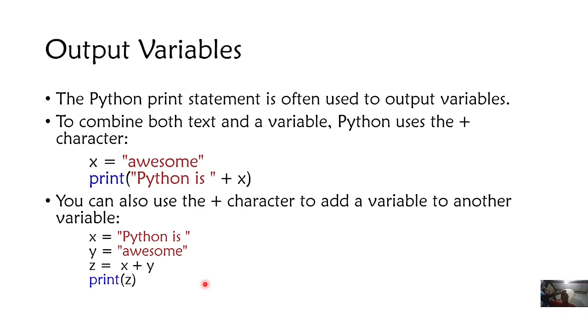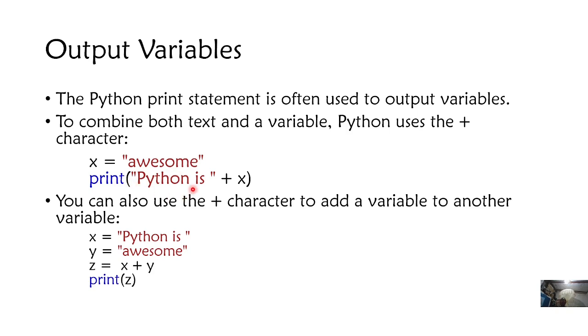Alright, output variables. We have the Python print statement, which is often used to output variables. To combine both text and variable, Python uses the plus character. But you should make sure that when you're using the plus character, you are concatenating the two values. In our case, we have x equals awesome.